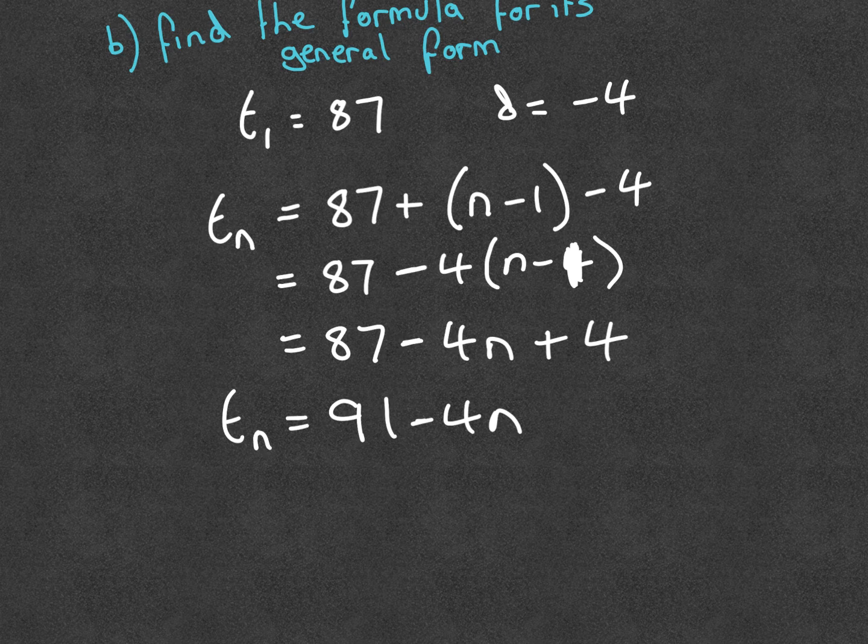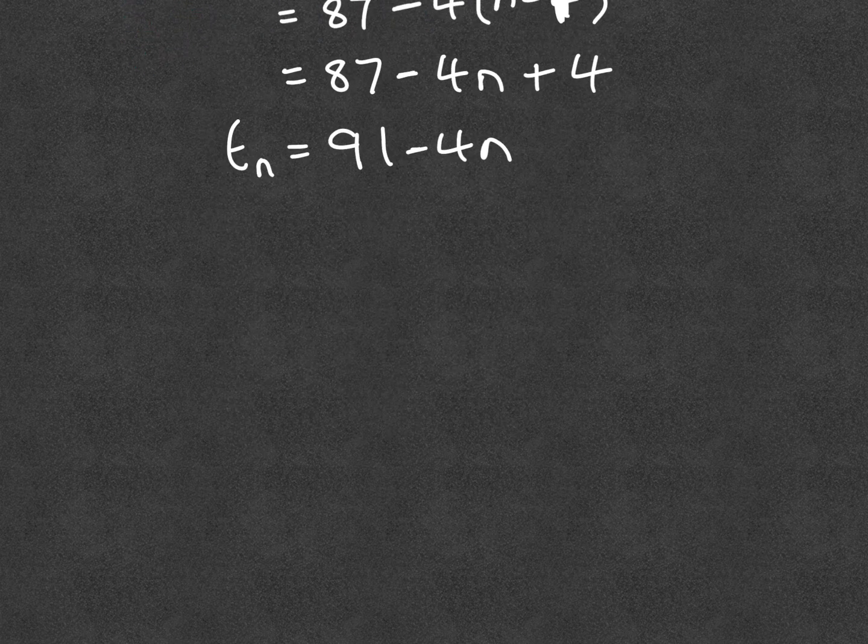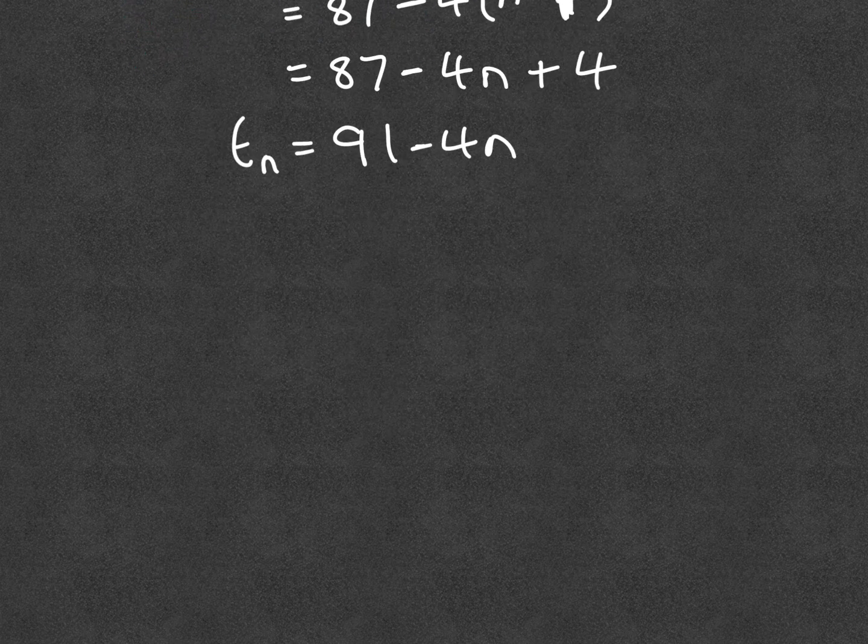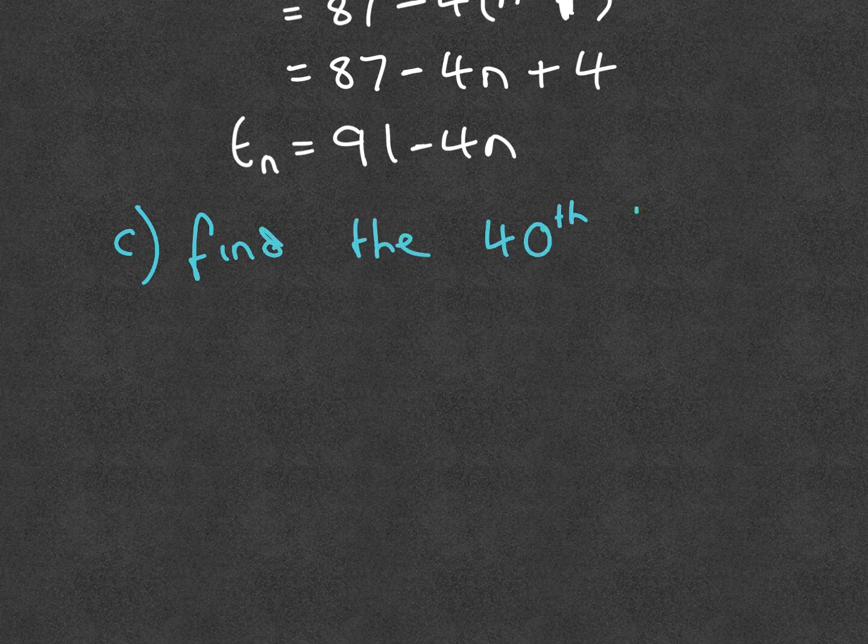The next part of that question, part C, asks us to now find the 40th term. To find the 40th term, we just substitute this into the equation that we've come up with to describe this sequence.